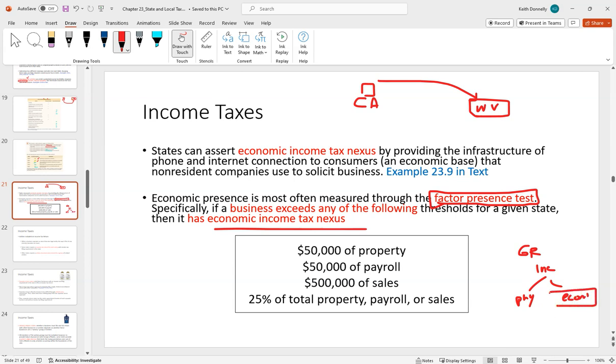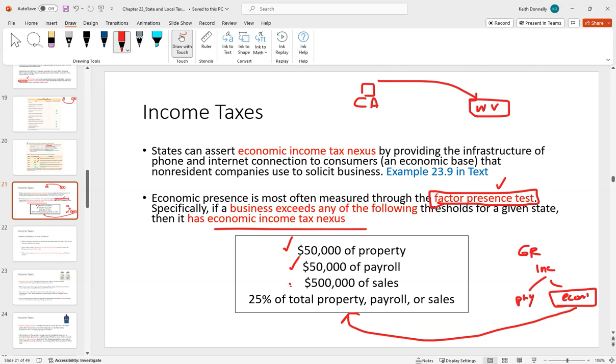Now, each state has its own threshold for economic nexus, but one thing that is very common that states use, and again this is state specific, is a rule of thumb. If this outside business is doing any of the following, it gives rise to economic nexus. That California business has more than $50,000 of property in West Virginia. More than $50,000 of payroll there, employees they pay.